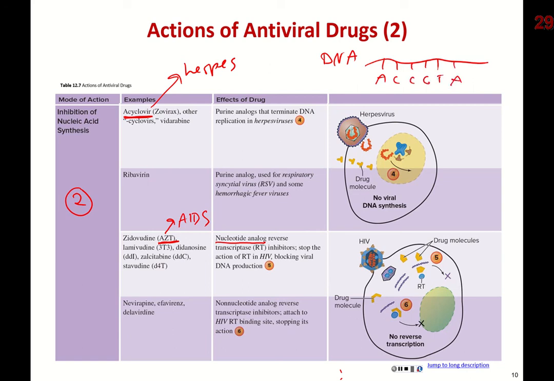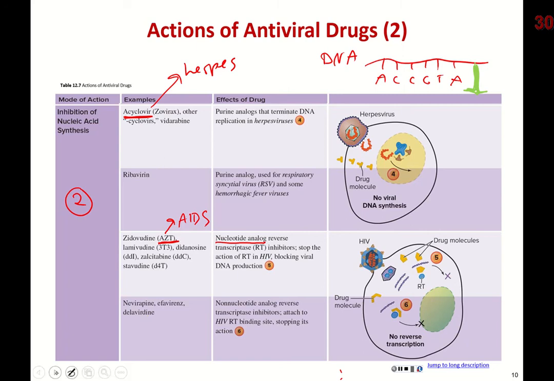What it will do is it will put in this fake nucleotide that isn't a real nucleotide, and it looks similar enough that the molecule thinks it belongs, but then once it inserts itself, it blocks the rest of that molecule, so the rest of the DNA can't be built. So that's pretty cool. So that's what AZT does.